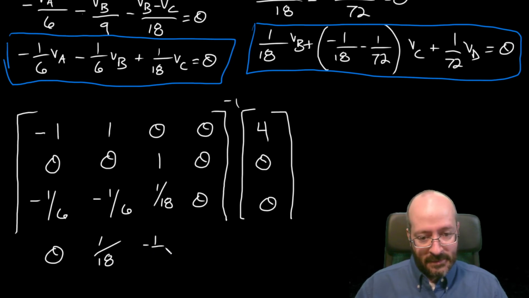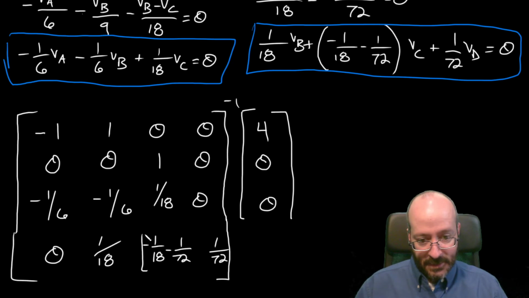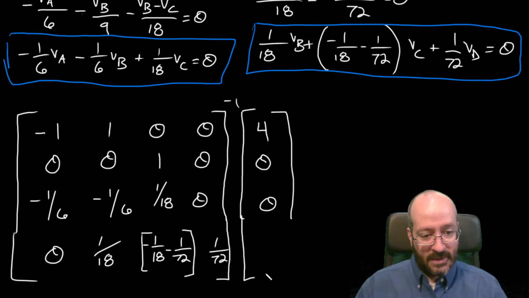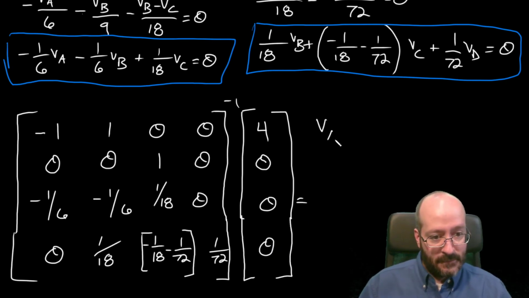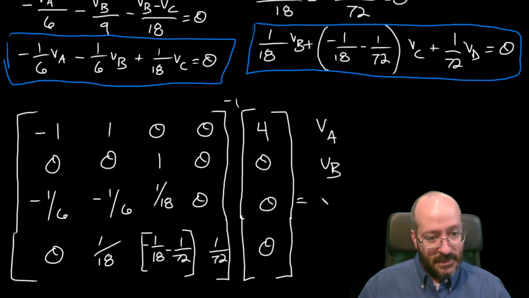We have this, which I'm being lazy and letting the calculator chew on, and I've got 1/72 out here. Okay, try to put some brackets around here so that you know that those two go together. Right hand side is also 0. Alright, solve that for VA, VB, VC, VD.